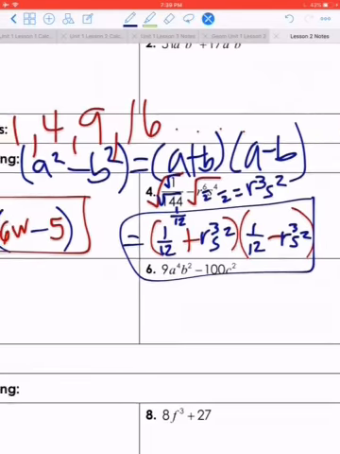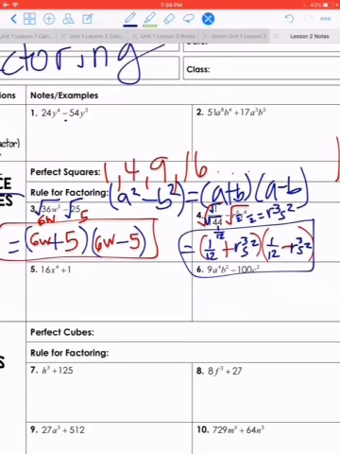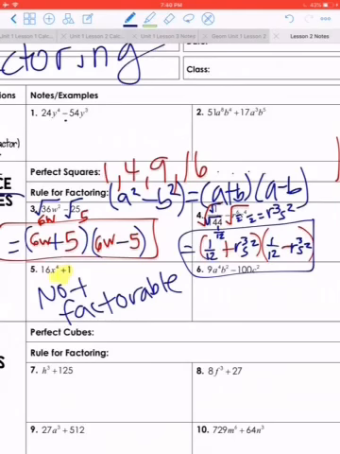Alright, let's do 5 and 6 just really quick. Number 5, is that a difference of squares? That's actually not. There's a plus in between. So this one is not factorable because 16 and 1 don't have common numbers, and there's only an x in one of the terms.